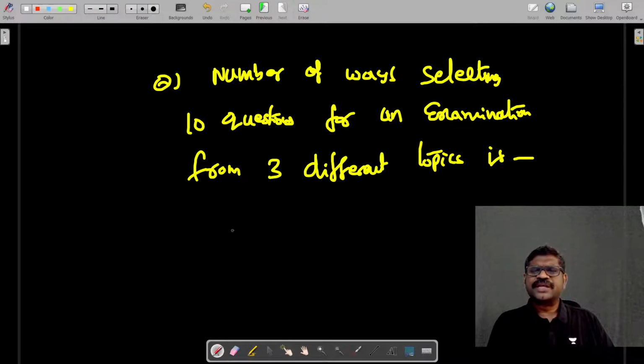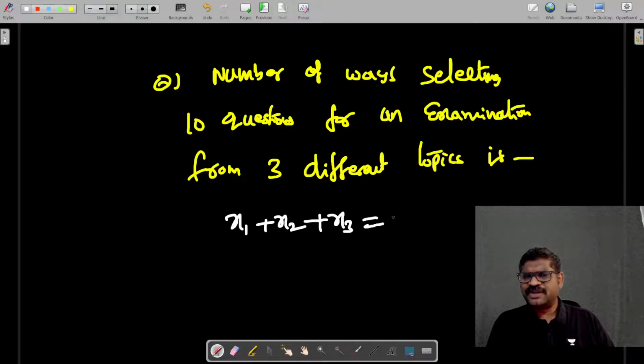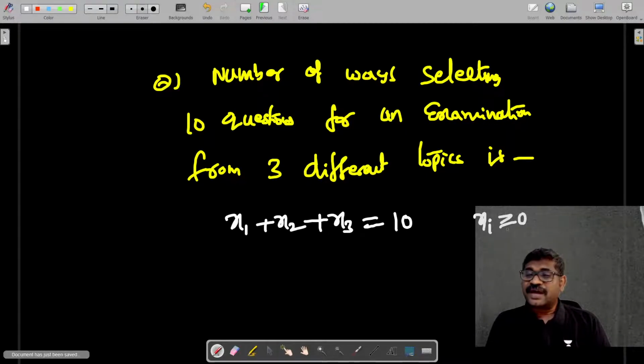Observe here, first topic is x1, second topic is x2, third topic is x3. Total number of questions should be 10, where each xi is greater than or equal to 0. So it is in the form of the number of non-negative integer solutions of the equation x1 plus x2 plus x3 equal to 10, where each xi is greater than or equal to 0.